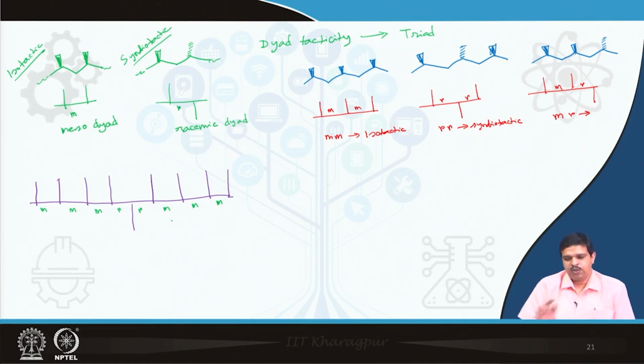Because in a later part we will discuss how we can control the stereoregularity by following two mechanisms: one is the catalyst site mechanism, and one is the chain end control mechanism. Okay.